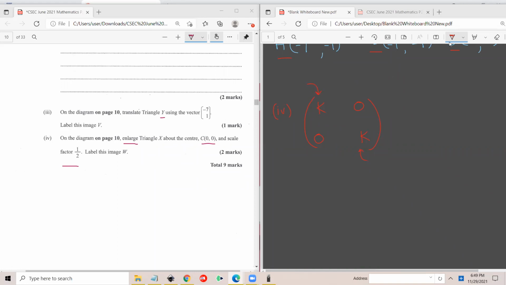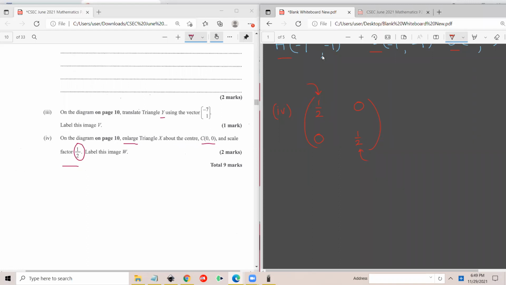If you wanted to make the object 3 times bigger, you would replace the K with 3. Today, we are trying to reduce the image to half its size. So the K, we actually have to replace it with 1/2. Okay? So this is the matrix that we have to use for part 4.